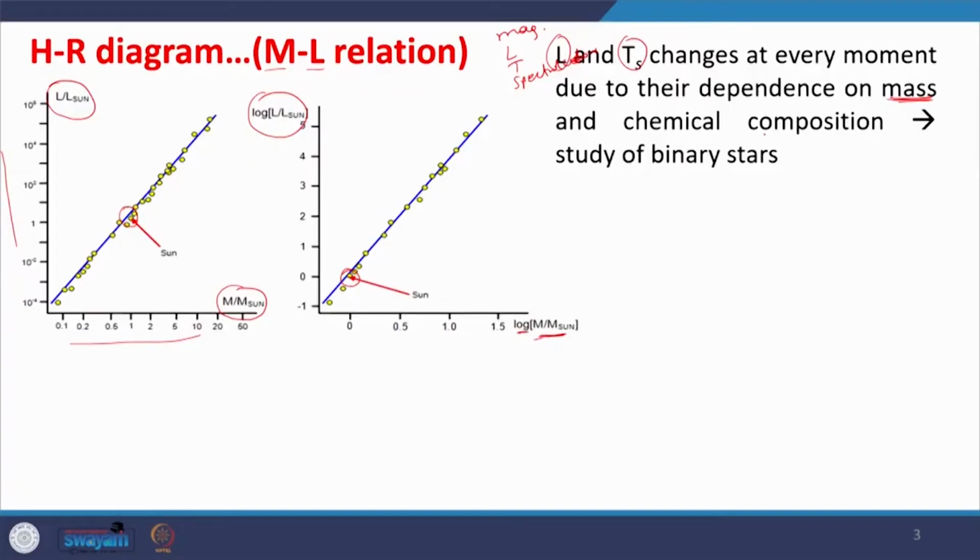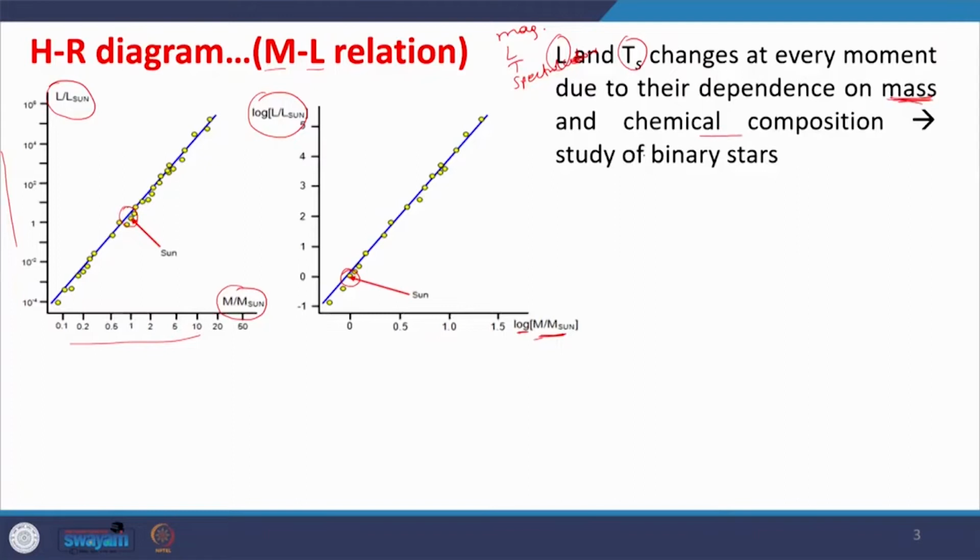So, keeping this in mind, we can say that the most basic parameter which we have to consider is mass. That is how the mass and luminosity relation is important to understand, where you can see that it is a linear relation.